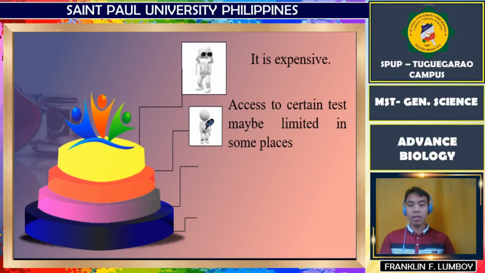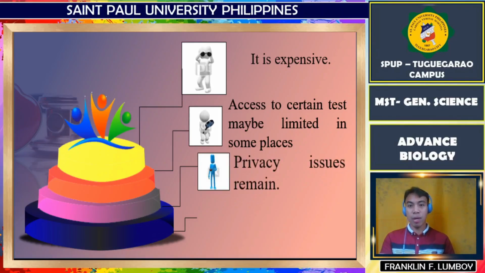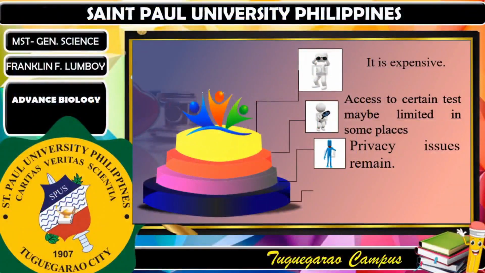The next disadvantage: privacy issues remain. That's very true. We have the Privacy Act. Despite federal anti-discrimination laws, these laws prohibit discrimination based on genetic information.